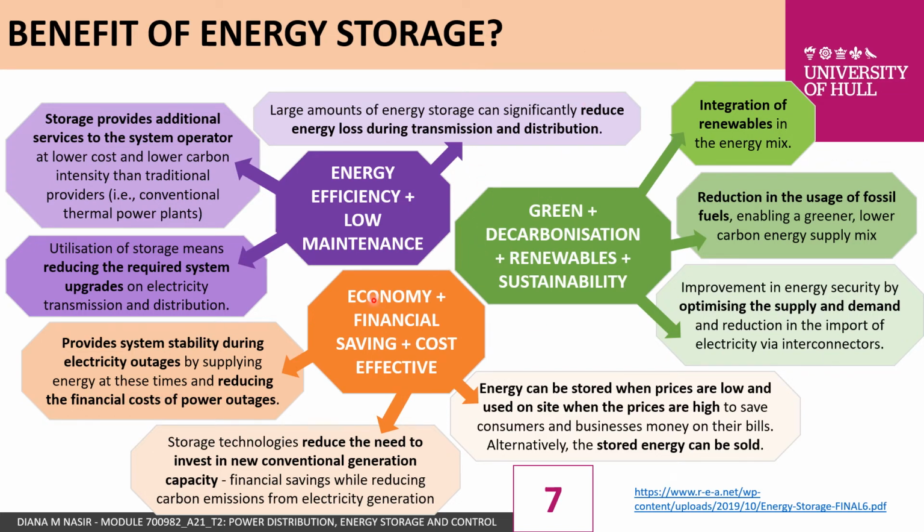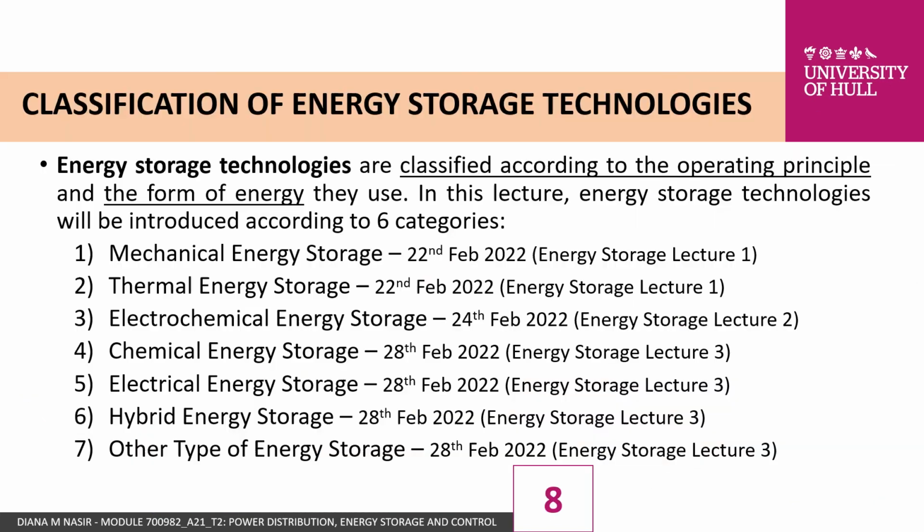Number three, of course, low maintenance is needed and more efficient. Energy storage can reduce the energy loss during the transmission, and the required system upgrades on electricity transmission can also be less.